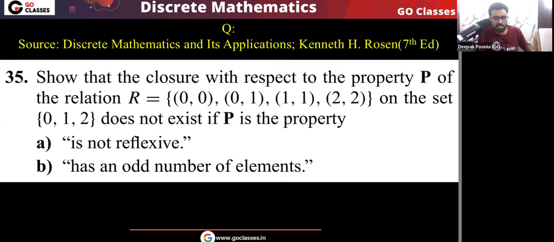This question 35 from Kenneth Rosen's book, we have already solved in the beginning of this lecture. Do you remember this question? The same relation we have taken, and these properties, not reflexive and has an odd number of elements, we have already seen.